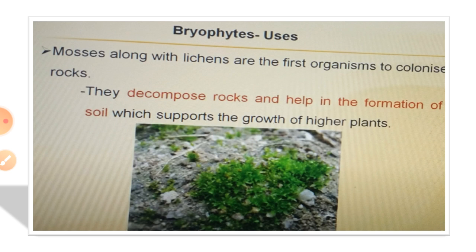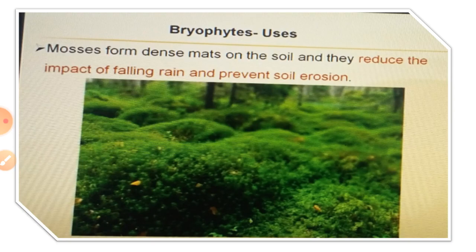They decompose rocks and help in the formation of soil, which supports the growth of higher plants. Mosses form dense mats on the soil and thereby they reduce the impact of falling rain and prevent soil erosion.